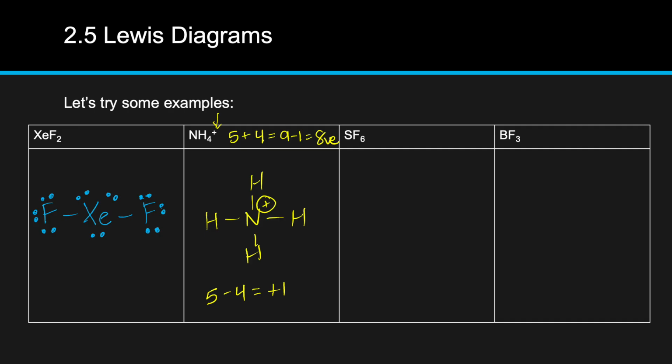Then moving on to SF6, I can see clearly that S is going to be in the middle, and I have 6 fluorine atoms. I know each fluorine wants to form 1 bond, and it just so happens that sulfur has 6 valence electrons.